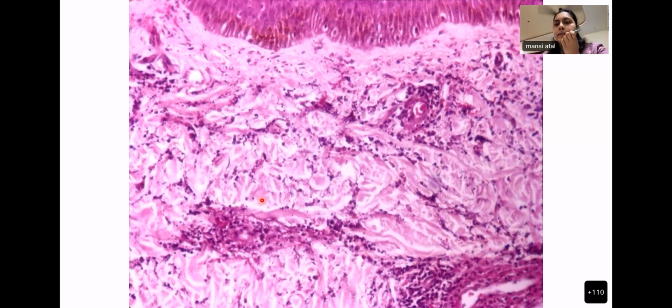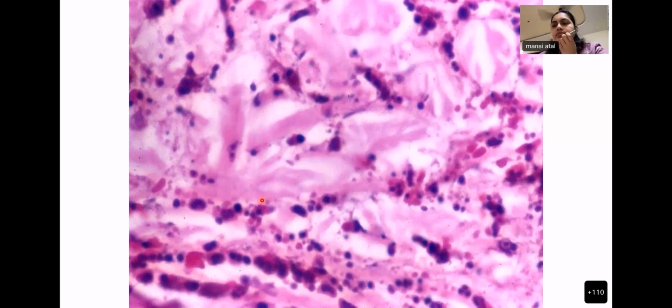The next slide. In this slide, we see that the capillaries have become prominent because of deposition of fibrin and neutrophilic infiltrate in the walls.